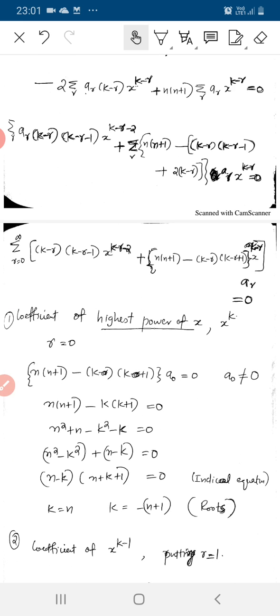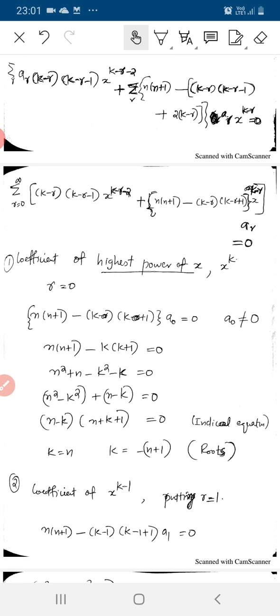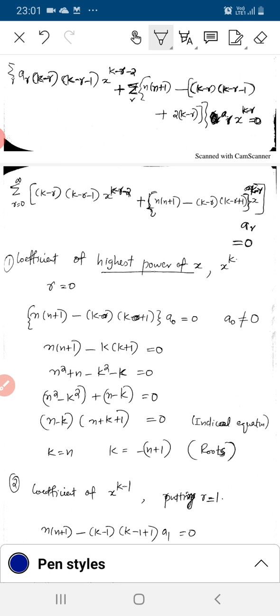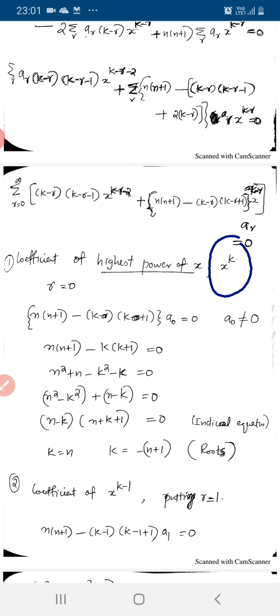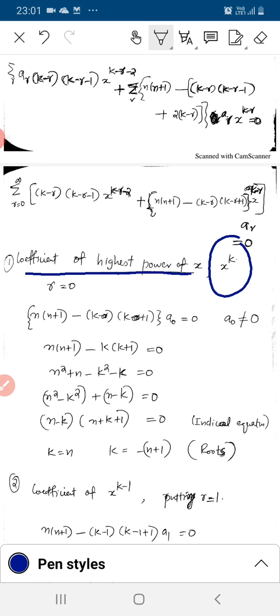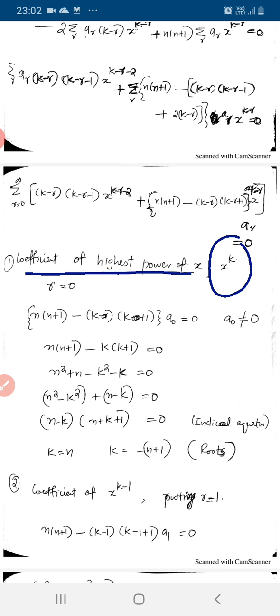So the coefficient of the highest power of x, that is x to the power k, is obtained by putting r equal to 0. When you put r equal to 0 here, you will have x to the power k.